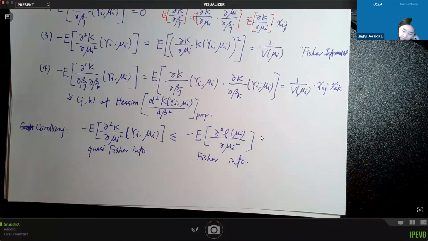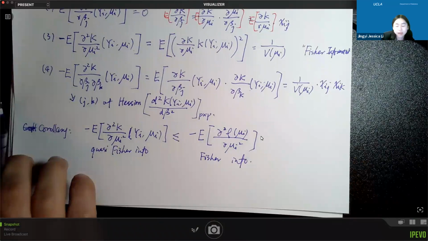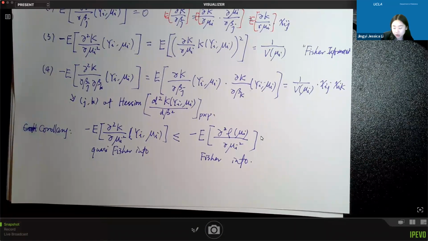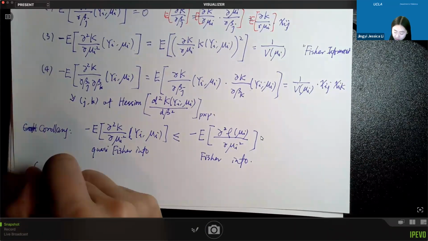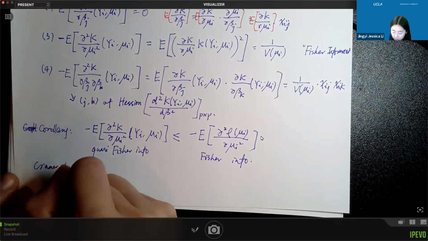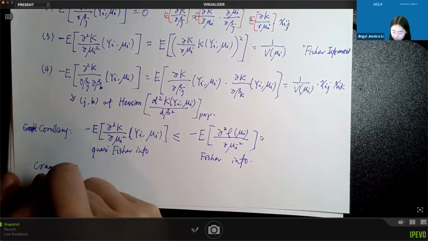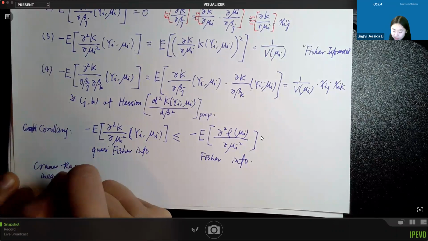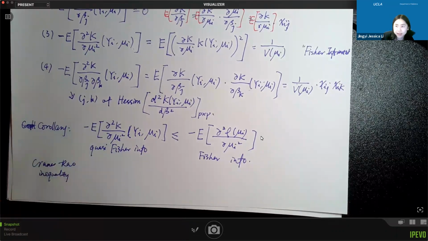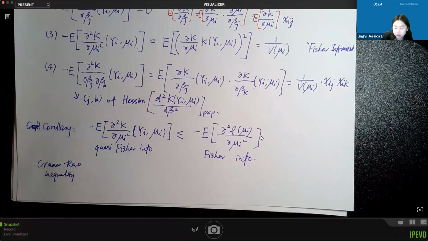So the direct proof is based on what we call the Cramer-Rao inequality. The Cramer-Rao inequality is a very classic result in mathematical statistics. What this says is that for any unbiased estimator of a parameter, it gives you a lower bound on its variance. And that lower bound is given by 1 over the Fisher information.